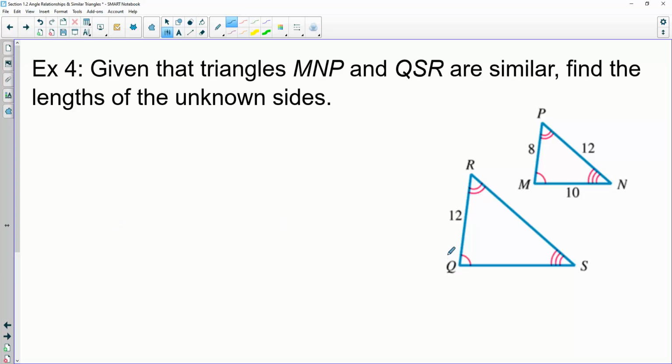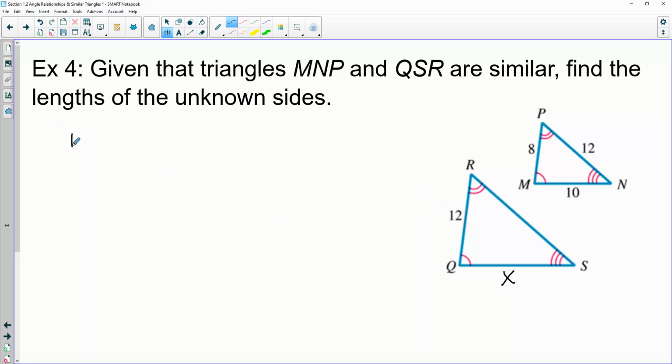So Q and M are the same measure, R and P are the same, and N and S are the same. I didn't tell you what they were, but it doesn't matter. I'm looking for the sides. So if I want to find this side down here, we can set up a ratio. A ratio involves two sides in a triangle.